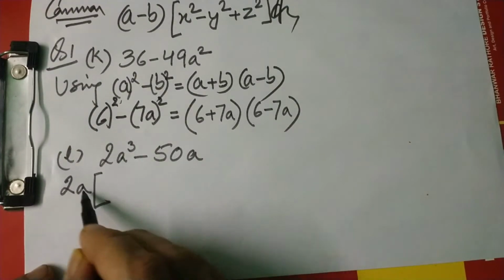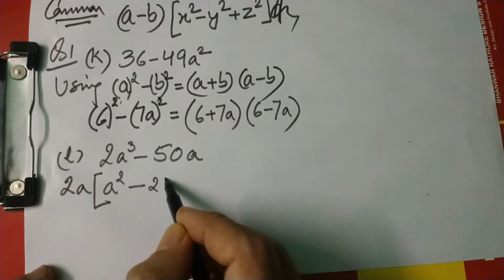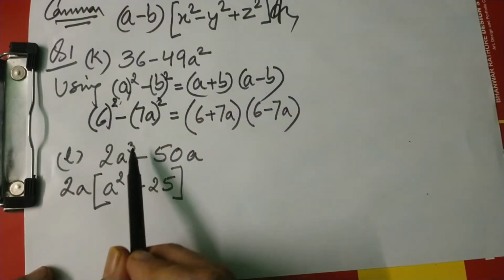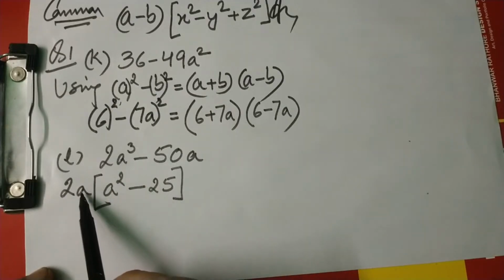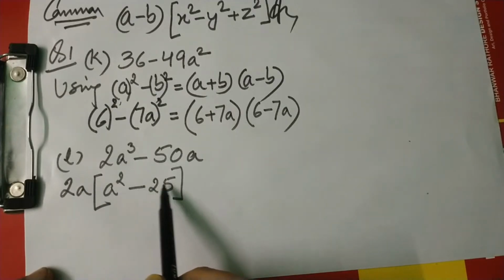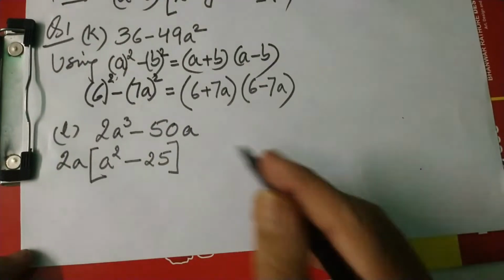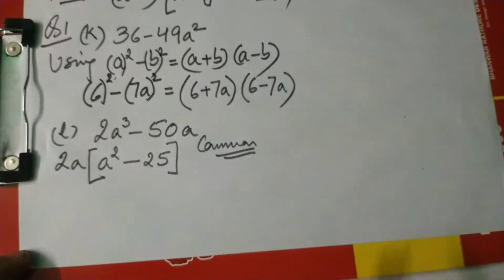And then inside you will write the remaining terms, so it will be a square minus 25. So 2a cube minus 50a, I will take 2a common: 2a into (a square minus 25). So the first step is taking common.